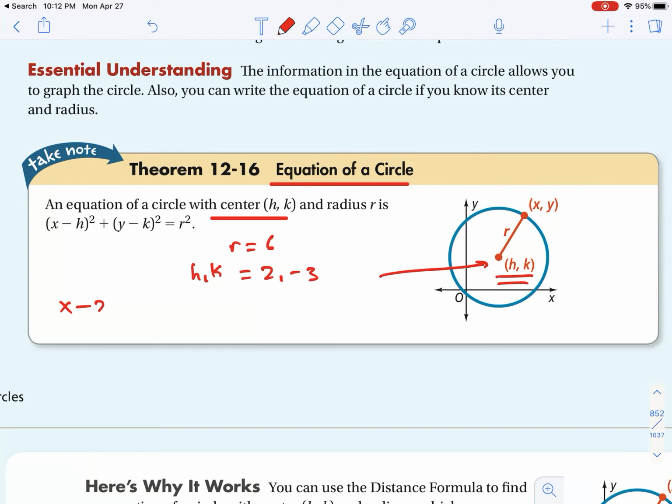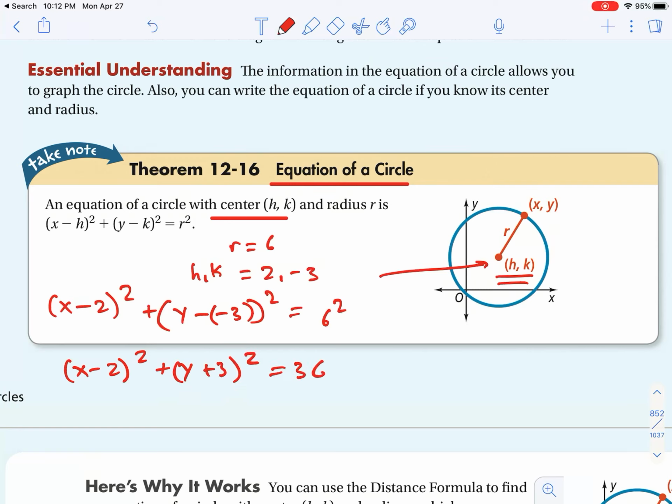So (x minus 2) squared, and y minus, but notice that's a -3, so y minus -3, squared, and then r is 6, but we have to square that. If we clean that up, it becomes (x minus 2) squared plus (y plus 3) squared equals 36.